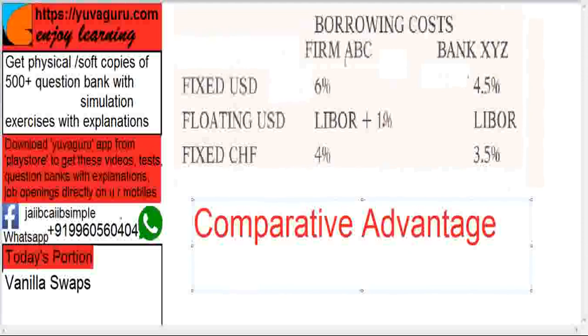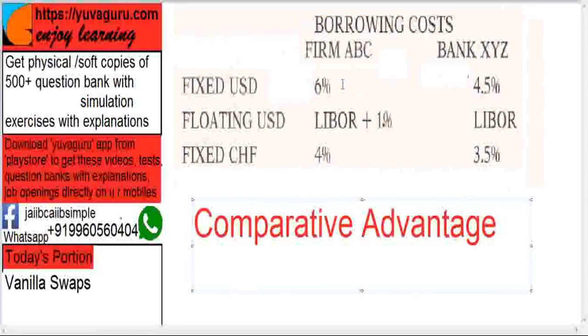Suppose I am working in this firm ABC, again the same difference, 6 and 4.5: I am getting it at 6 and the bank is getting it at 4.5. Then I am getting floating USD at LIBOR plus 1 and the bank is getting it at LIBOR. So if I am working in the firm, what should I purchase? See here, the firm doesn't have any advantage, but it has a lesser disadvantage.